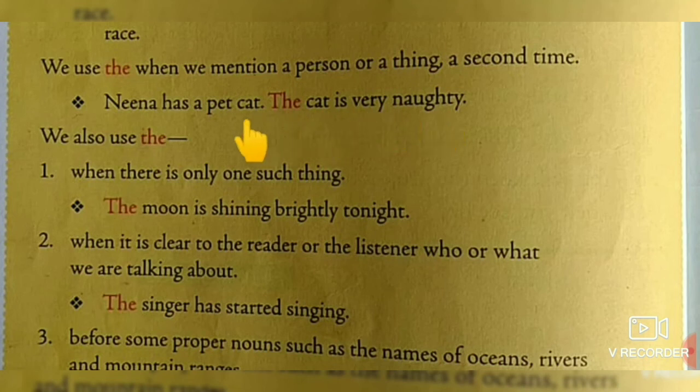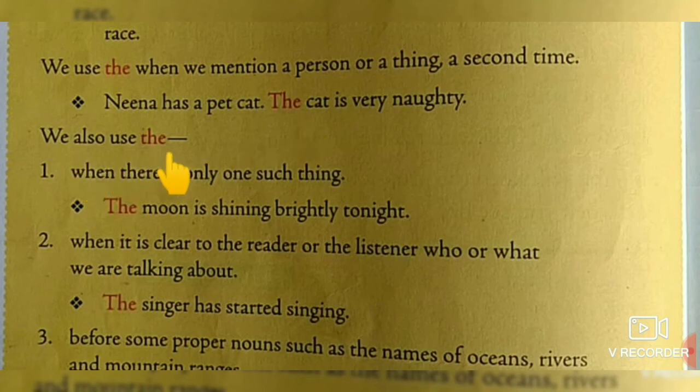We have already discussed Nina's cat in the first sentence. So the second time, we can use the article before cat. Okay? The cat is very naughty. We are talking about that particular cat. Whose cat? Nina's cat. So that we can use the article.